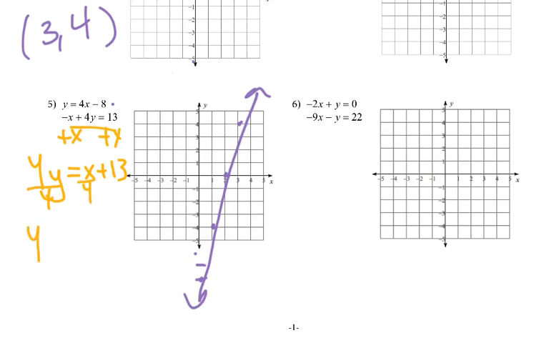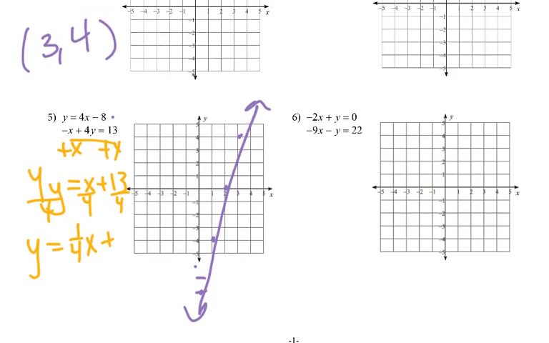Divide by 4, I'd get y equals 1/4 x. And then 13 divided by 4 would be what? 3 1/4, 3.25. Okay, so 3.25 would be roughly there. We'd go up 1 to the right 4.